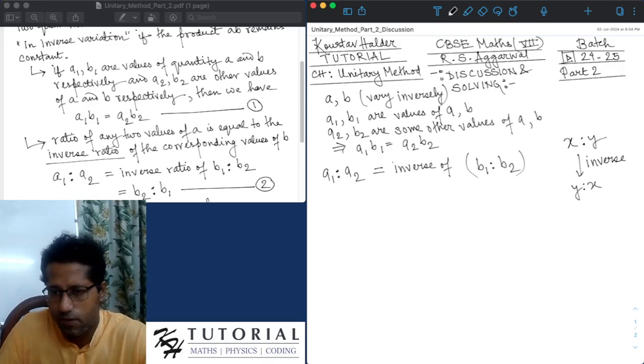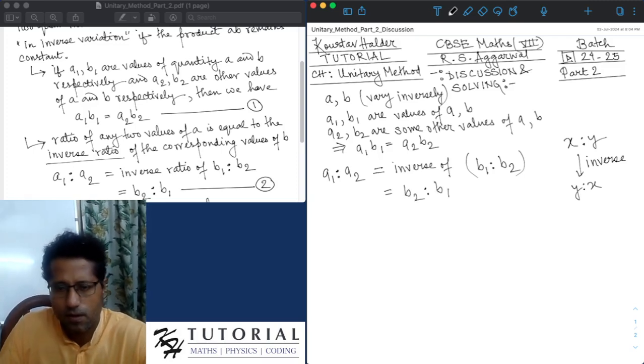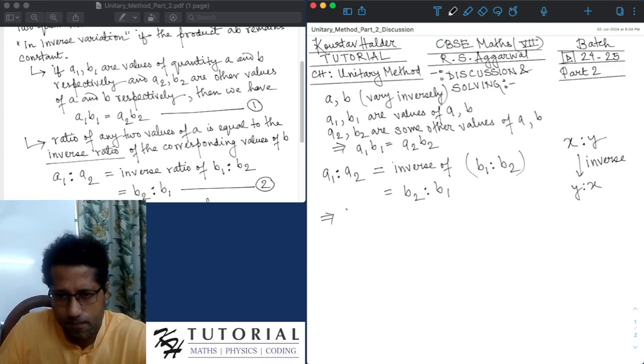Now inverse of B1 is to B2 is nothing but B2 is to B1. So this implies that A1 by A2 equals B2 by B1.